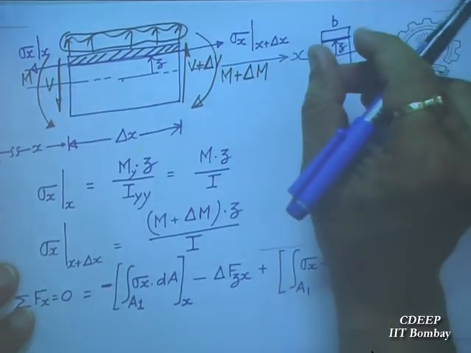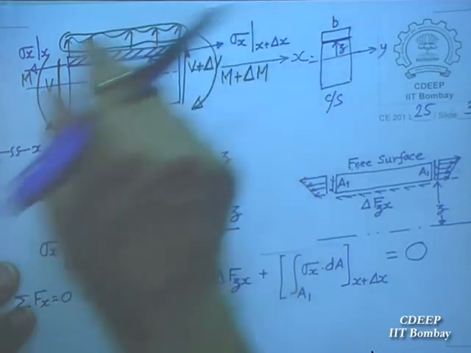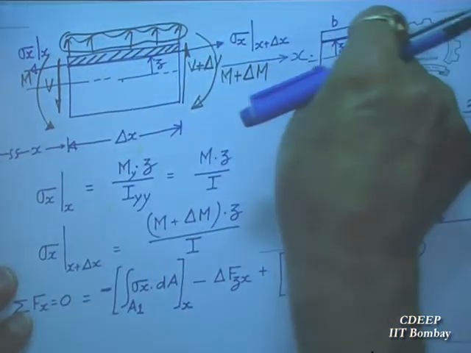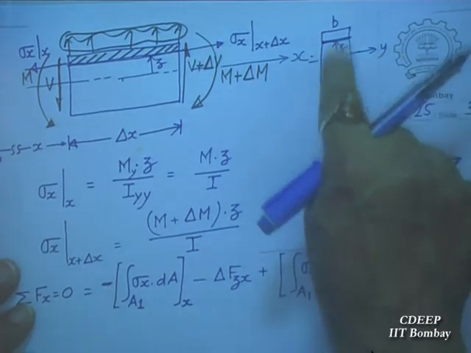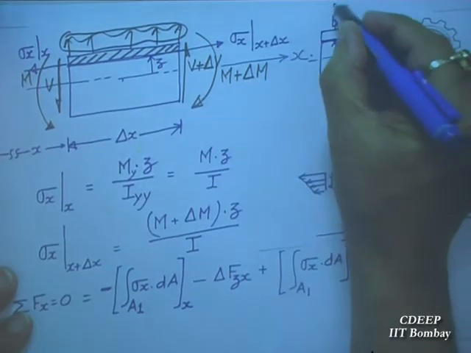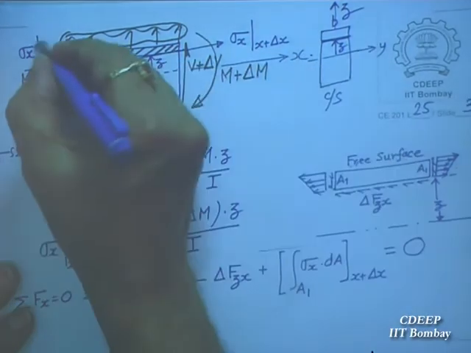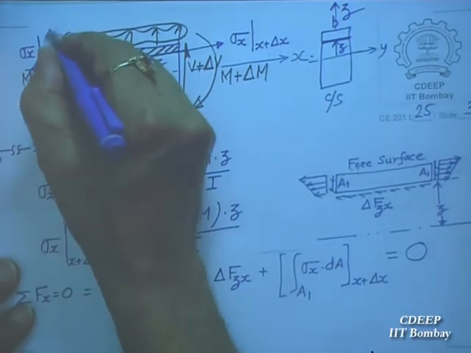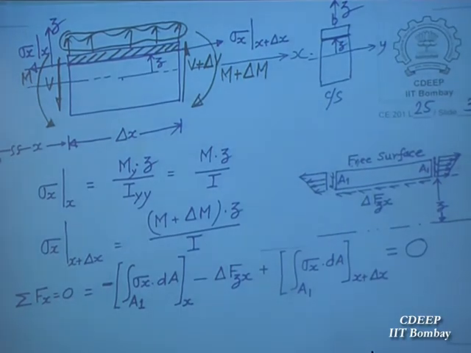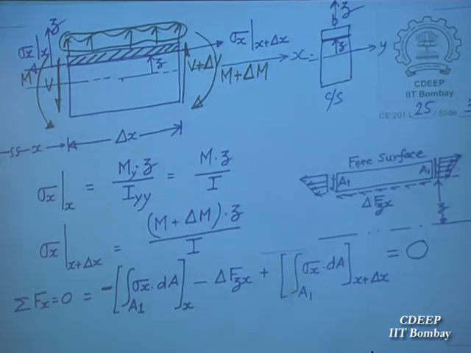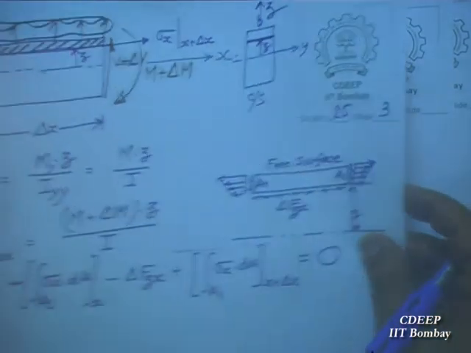B is the width which you are not seeing. This is longitudinal section. This is the cross section, transverse cross section. In y direction, this is z direction. Yes, this will be z. This is also z. If there is any doubt, you tell me. This equilibrium condition will hold good. Is this correct?